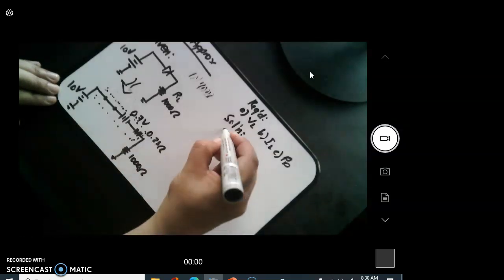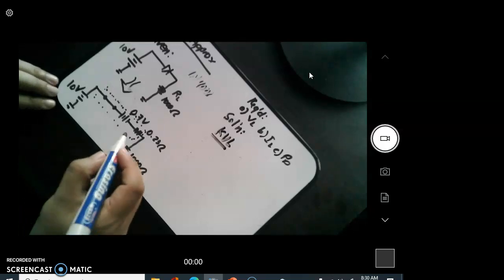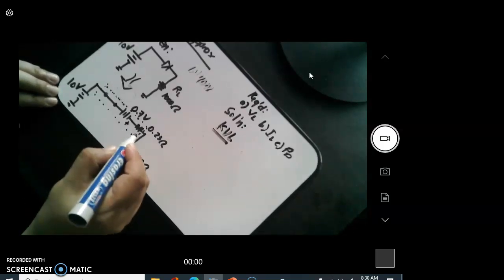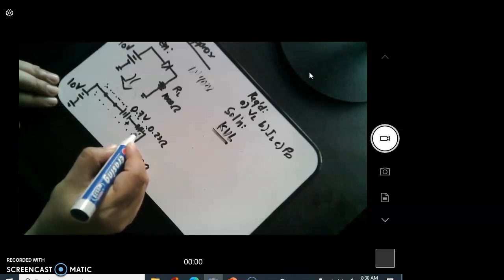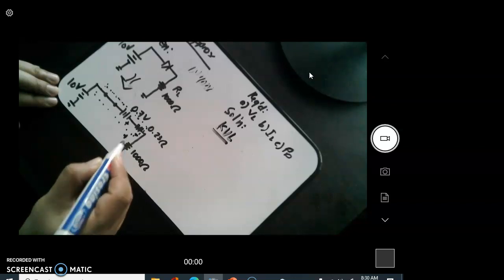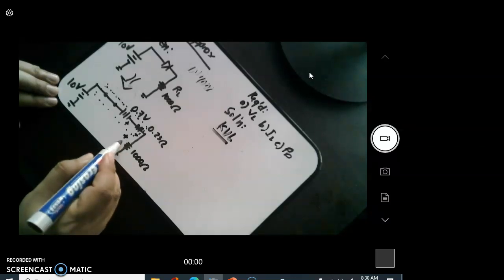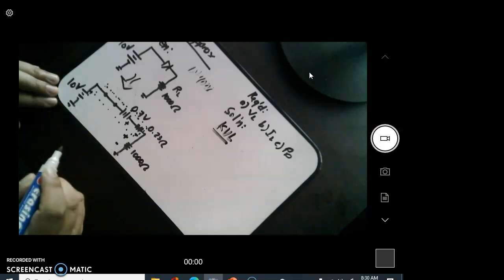Applying KVL, or Kirchhoff's voltage law, around a closed loop, you have to determine the polarity. With respect to the supply voltage, this is positive and this is negative. The voltage drop across your 1000 ohms is positive here and negative there. I get the positive with respect to the supply voltage because this side is positive.